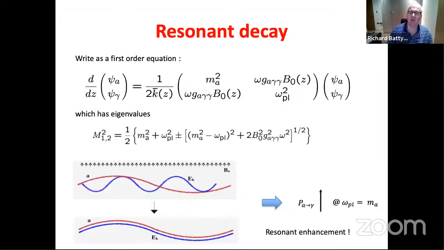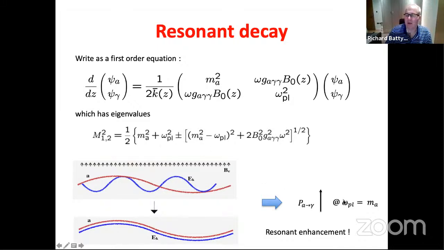You can basically turn that equation into a first order equation, and the resonance happens when the axion wave and the photon wave actually have the same mass. You may not be used to the idea of a photon having a mass, but in a plasma it will have a mass due to the interactions with the plasma.